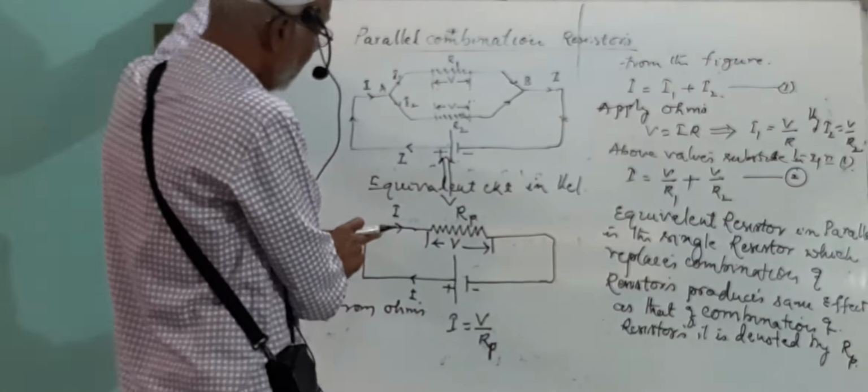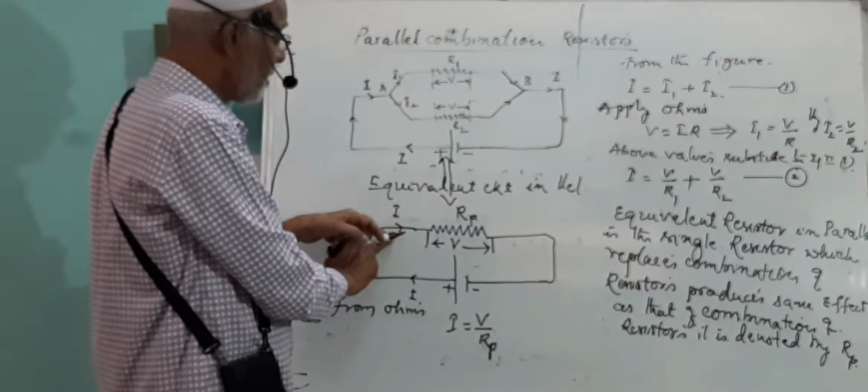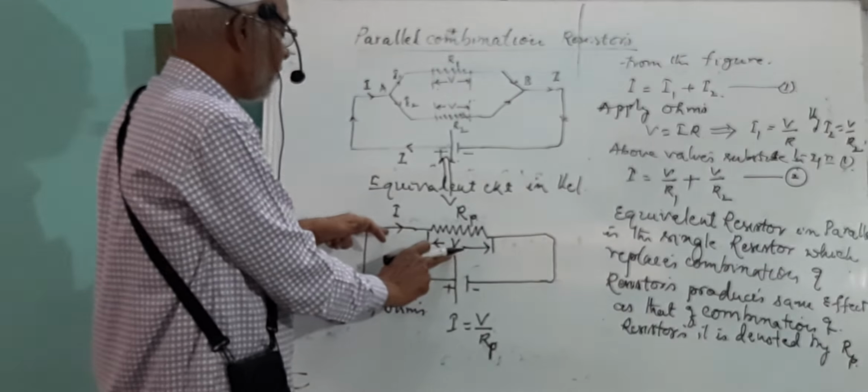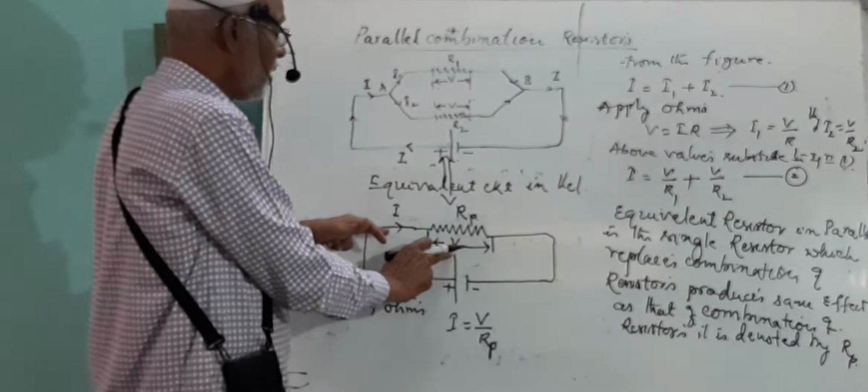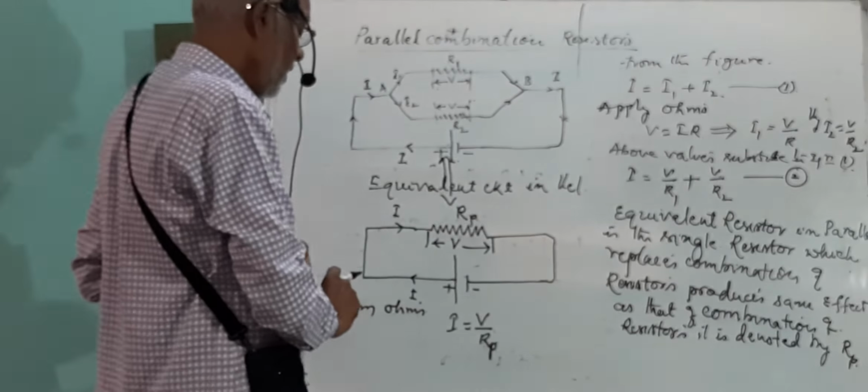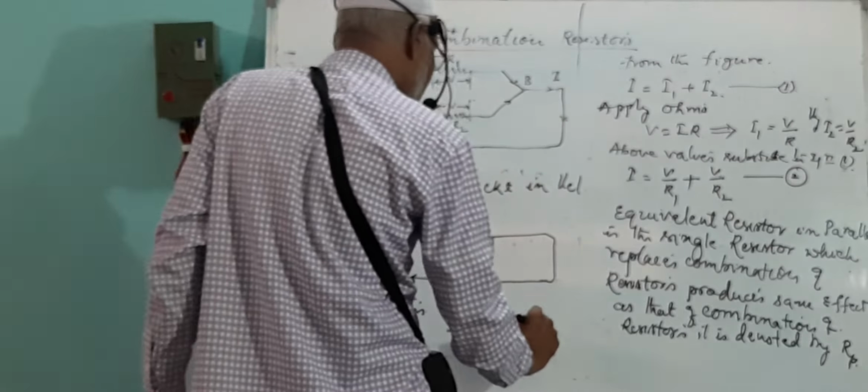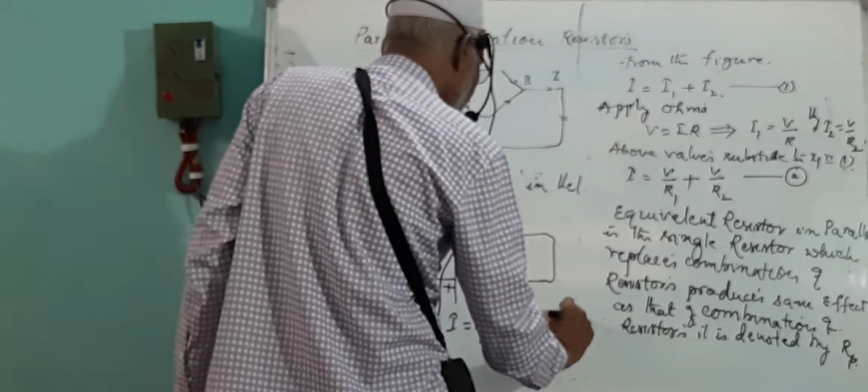You see that I is the current, the potential difference across Rp is V, and the resistance is Rp. Therefore this you can call equation 3.